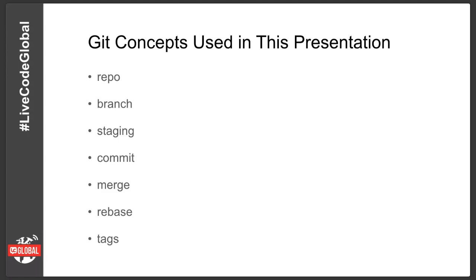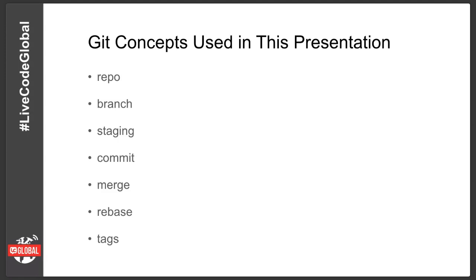Staging. Staging is an important concept in Git. I talked about Git being snapshot based essentially. Git has a snapshot of what the folder contents look like at a specific moment in time, and if you go in and make changes to a file, then that file is considered modified, or if you add a file to the repository, then a new file has been added.